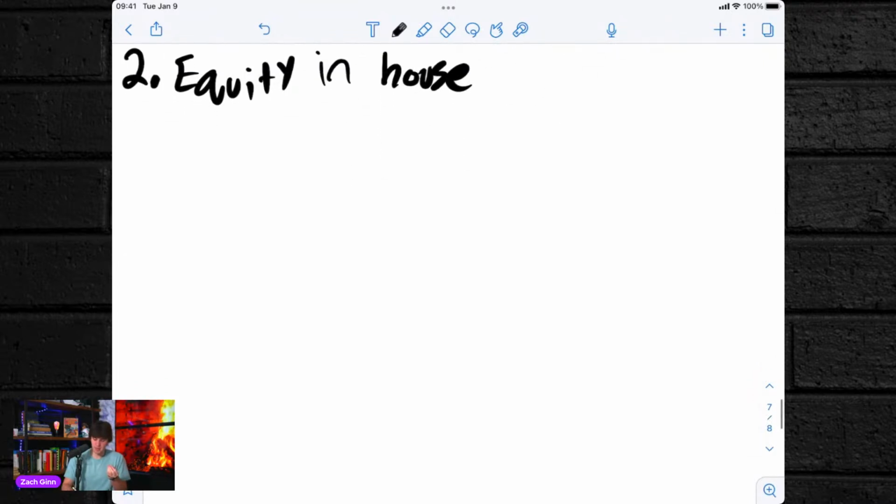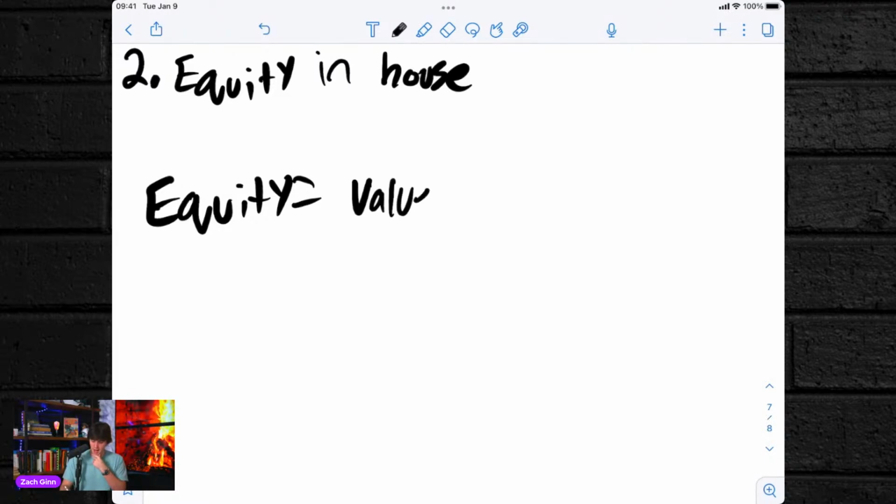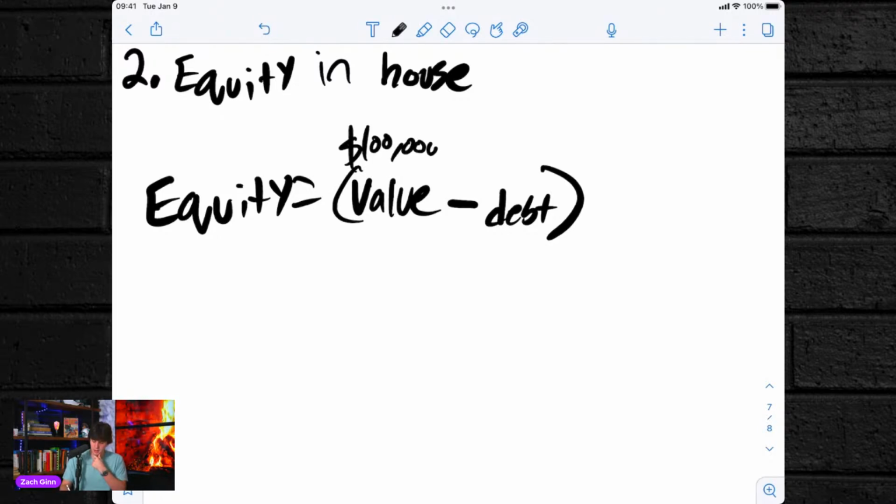Equity is basically a really simple equation, and this is Zach's super simple elementary school math, but it is the value minus the debt on the property, the mortgage, okay? That is what it is. So if you agree to buy it for $100,000 and there is $25,000 left on the loan on the property, that means at closing, the seller would get $75,000, right?